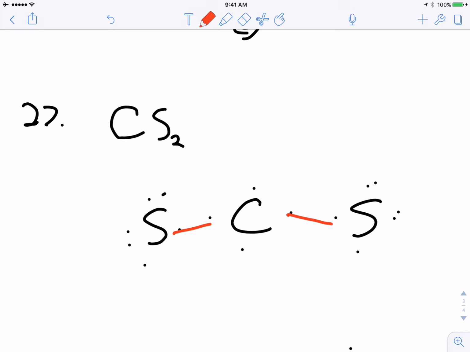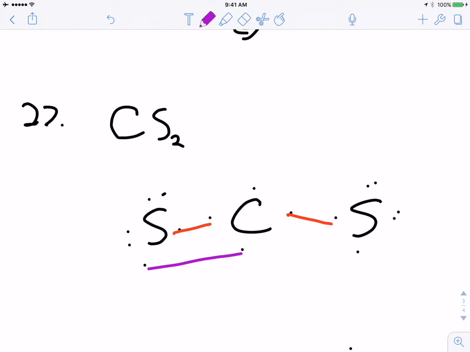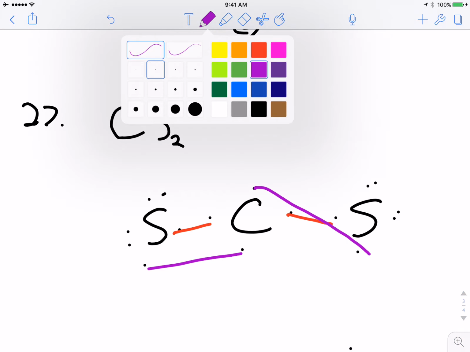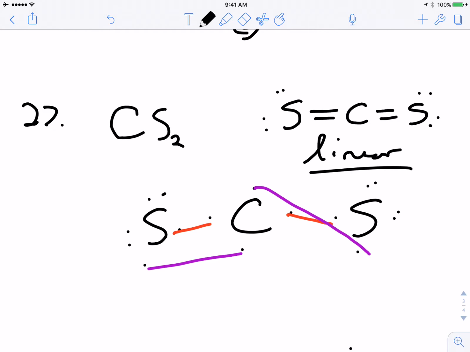And then I'm going to do some double bonds. So here's another double bond. And this one over here is going to bond this one all the way over there, still a double bond. So when I redraw this, it's sulfur double bonded to carbon, double bonded to sulfur. Carbon has a full octet, sulfur has a full octet. I'm good. Now this is a linear pattern because it's in a line. Awesome.